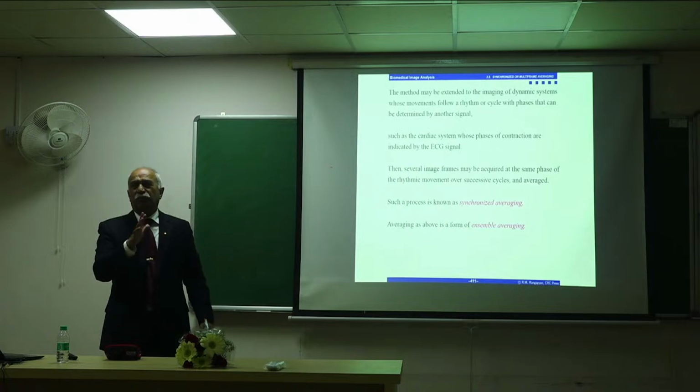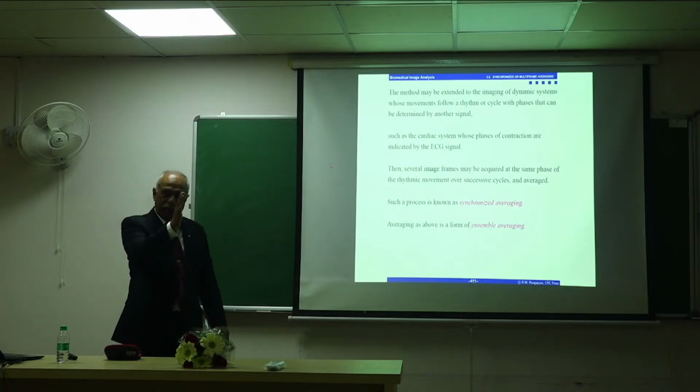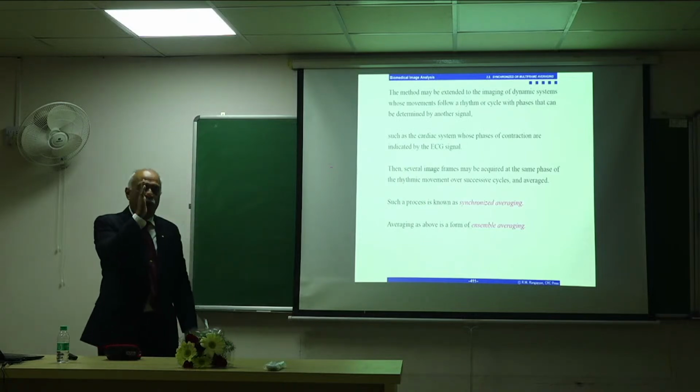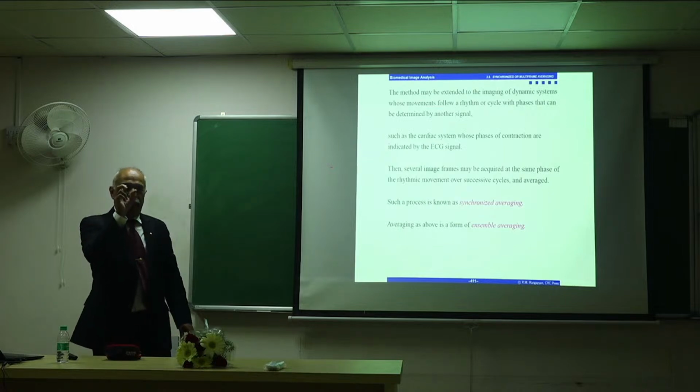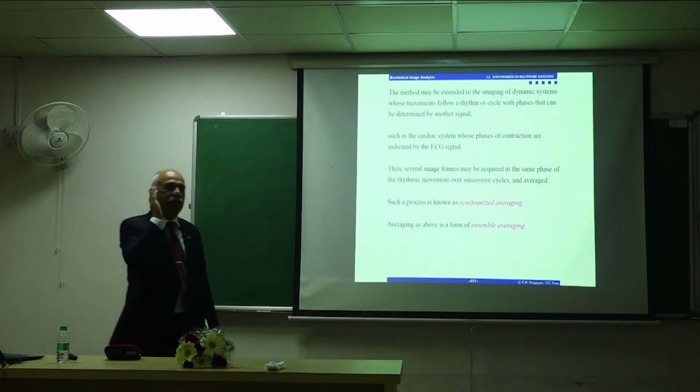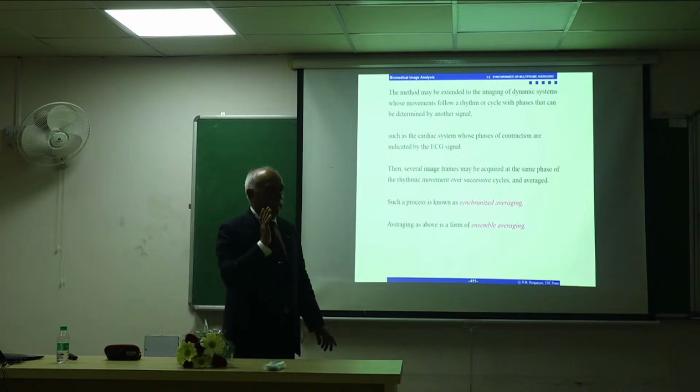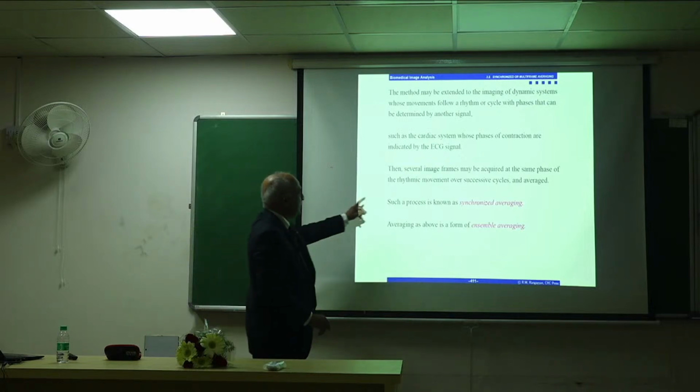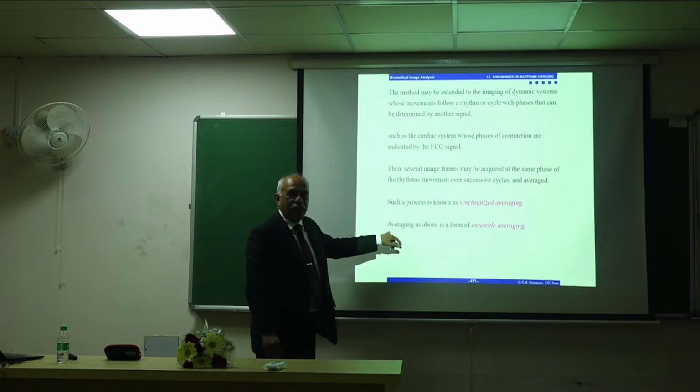The ECG is not perfectly periodic, but a trigger helps in identifying where something is happening. And you take portions of the signal synchronized to that activity. So then it is synchronized averaging, and it is a kind of ensemble averaging.